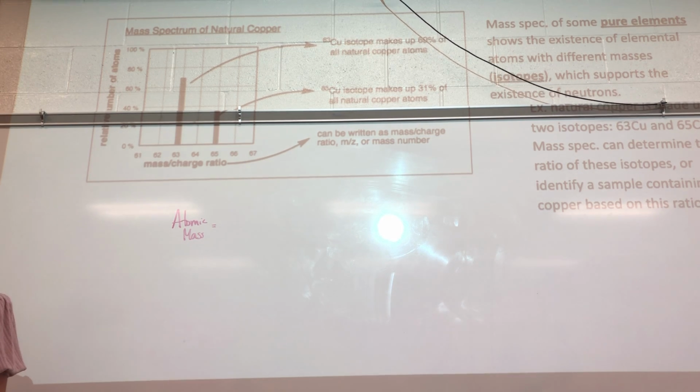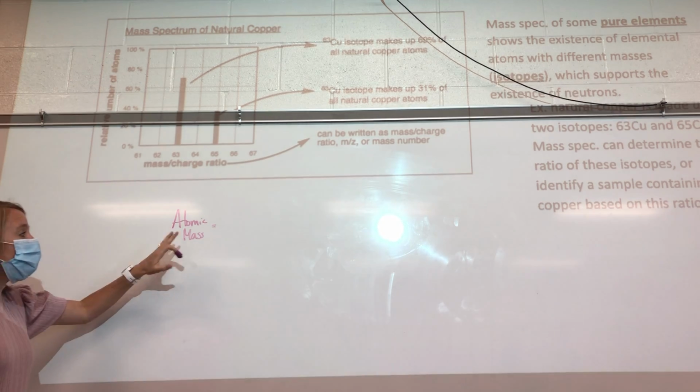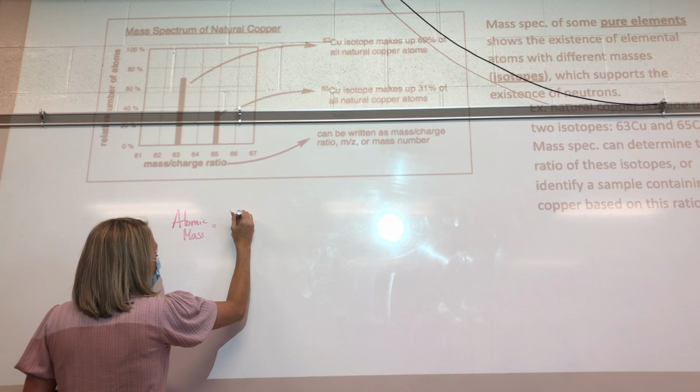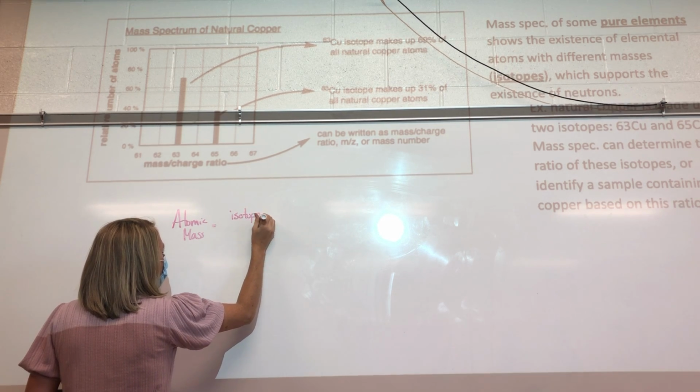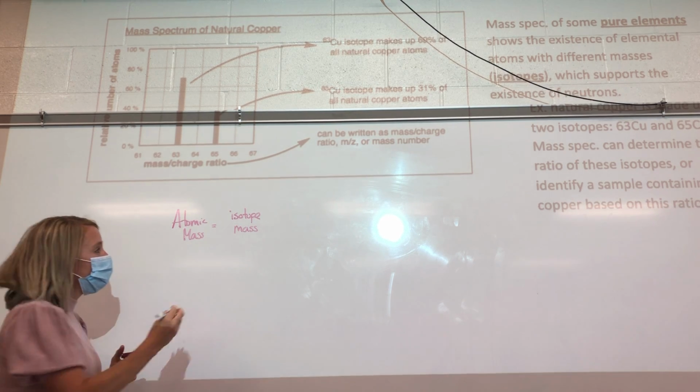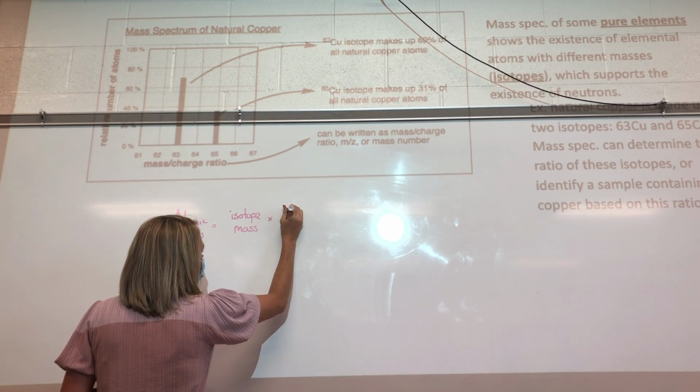So like in a class where it's not equal point distribution, it's the same equation. The way you calculate a weighted average is you're going to take the mass of the isotope, and multiply it by its percent abundance.